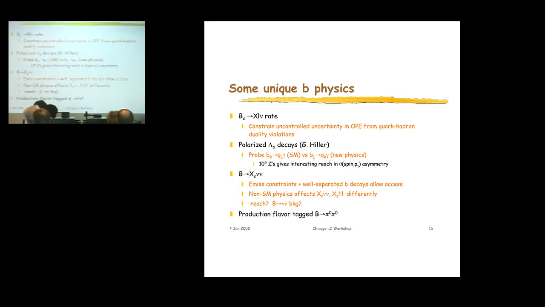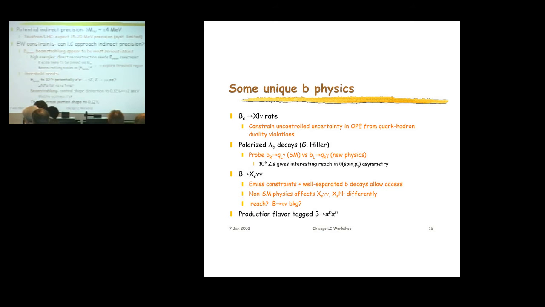So this is one area where some study is needed. This may also be one of the best places to get an initial handle on the production flavor tagged B0 to pi0 pi0 branching fractions, which you would like to use in the unitarity triangles for extracting the sin 2 alpha measurements.